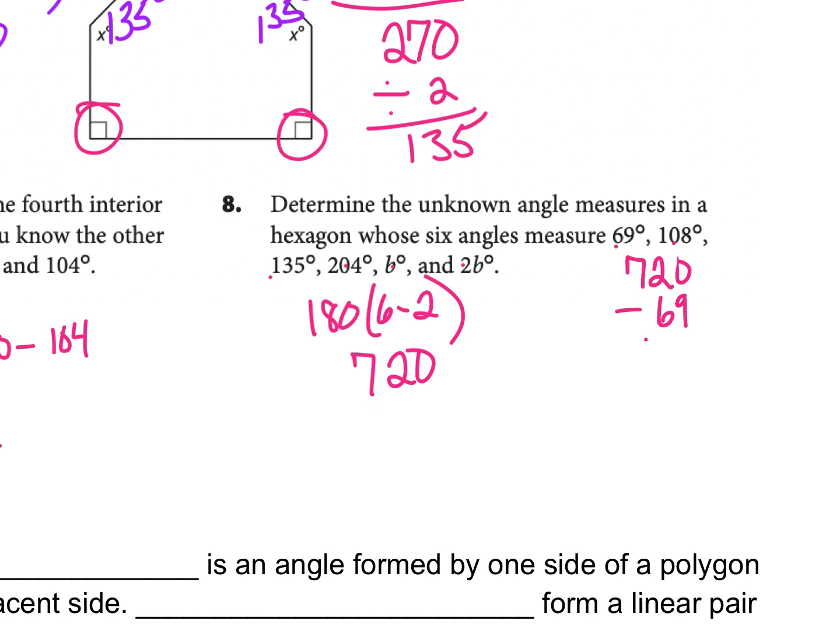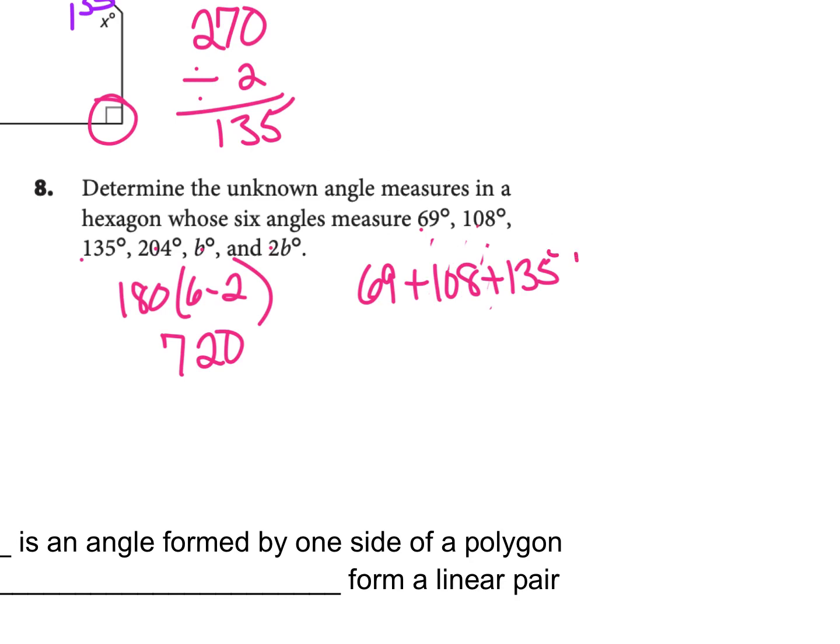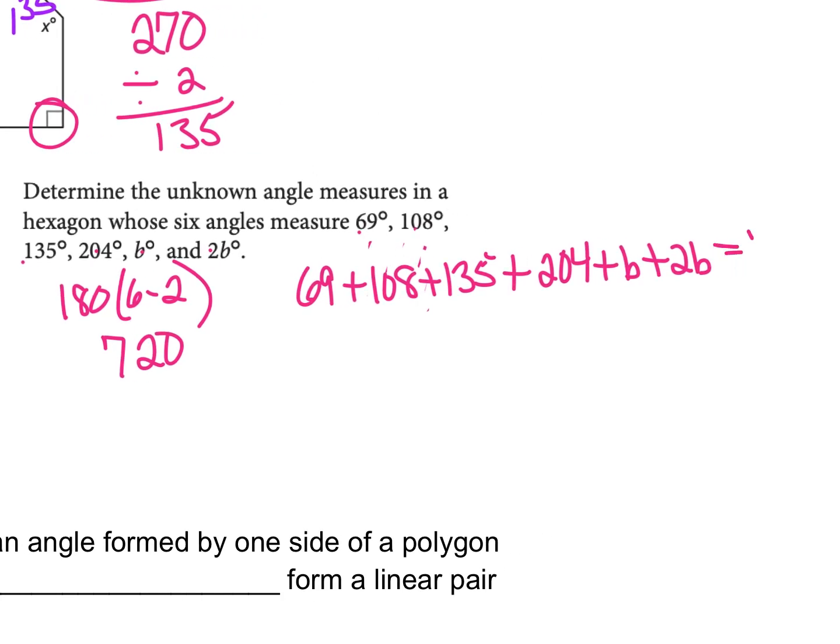Well, let me write it as an equation. So 69 plus 108 plus 135 plus 204 plus B plus 2B has to equal 720.